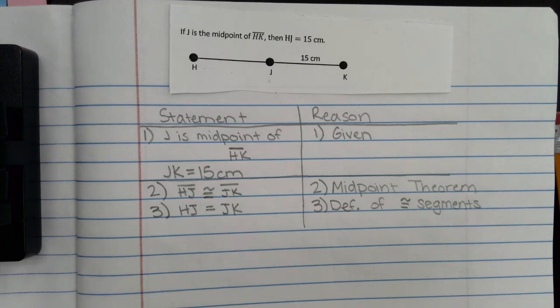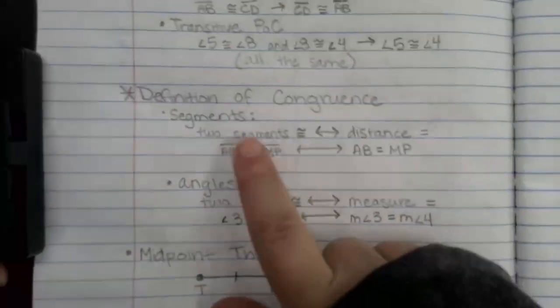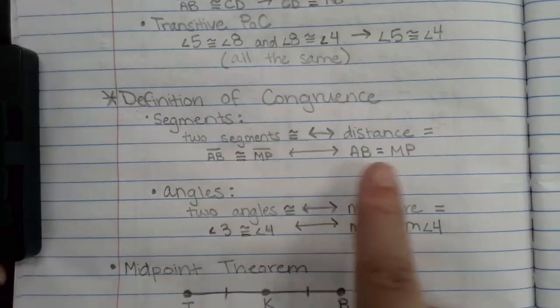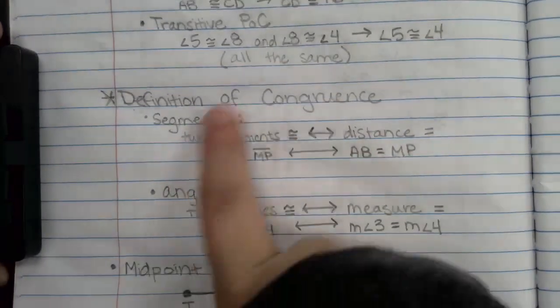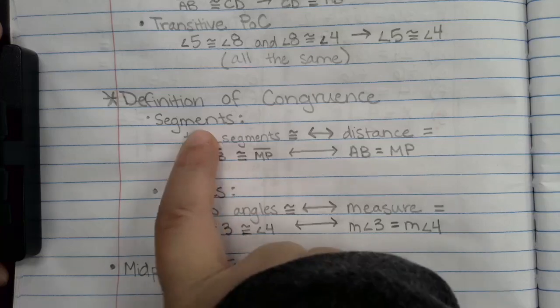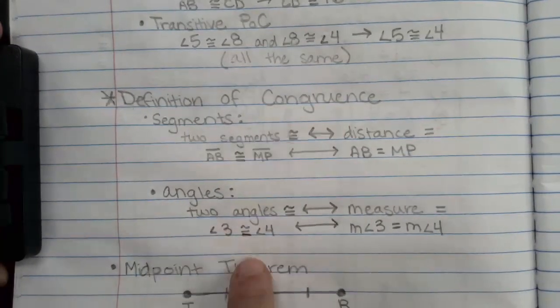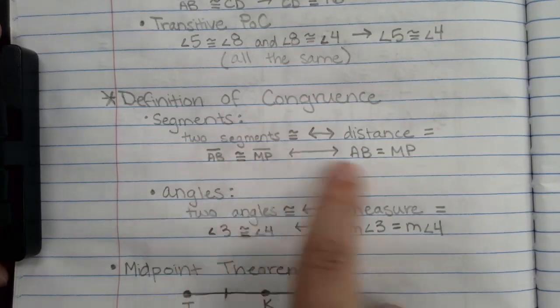So that goes back to what we just wrote in this last one. Right here, definition of congruent: if two segments are congruent, then we know that they are equal. So that's our definition of congruent segments. Definition of congruent angles is that the angles are equal. We did segments though, so definition of congruent segments.